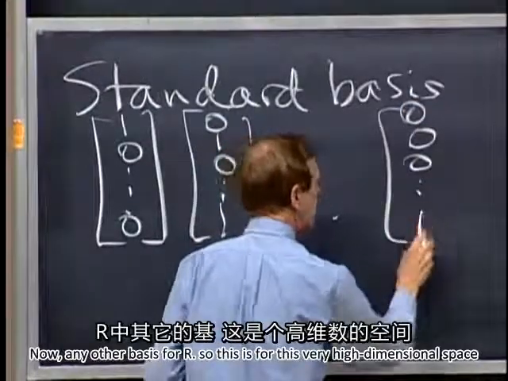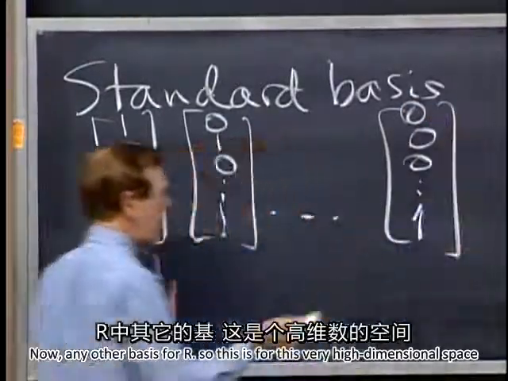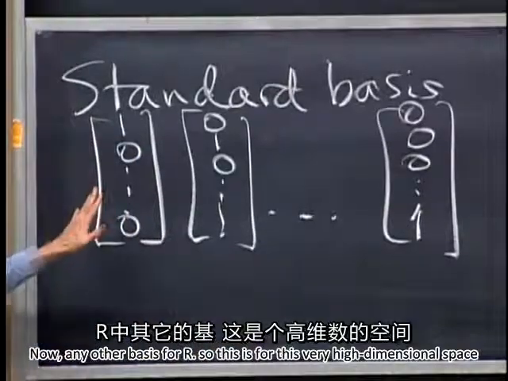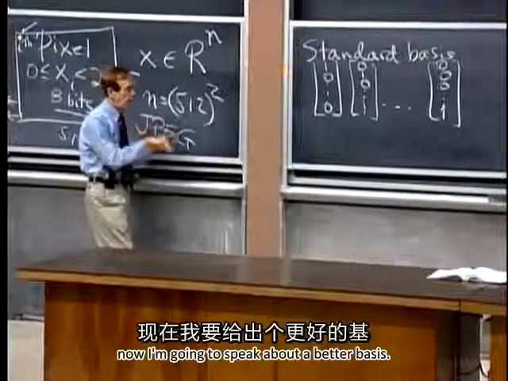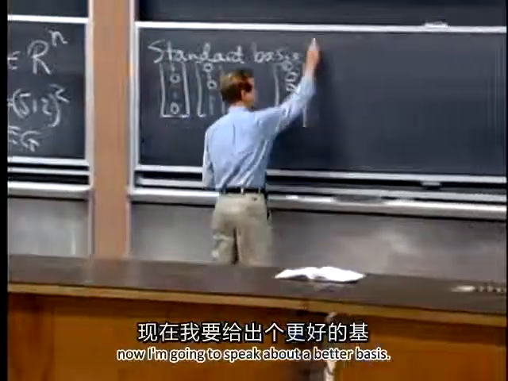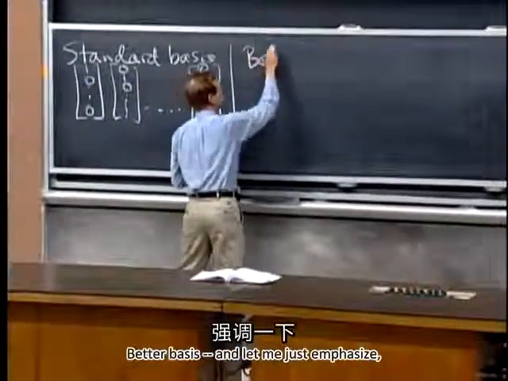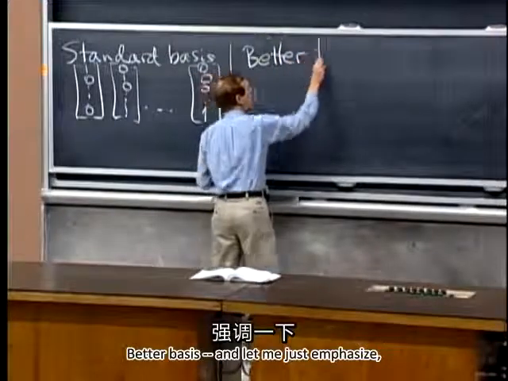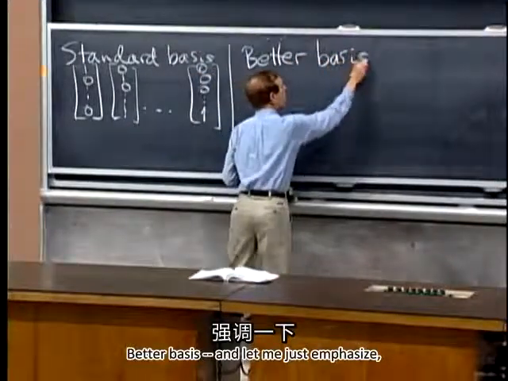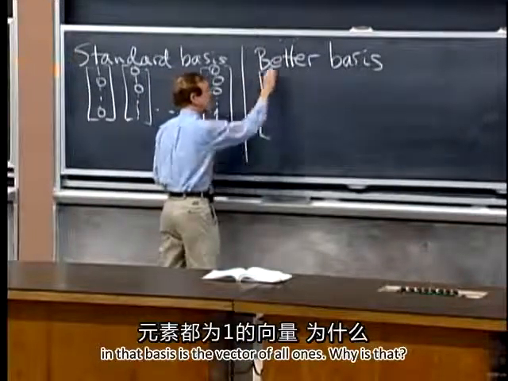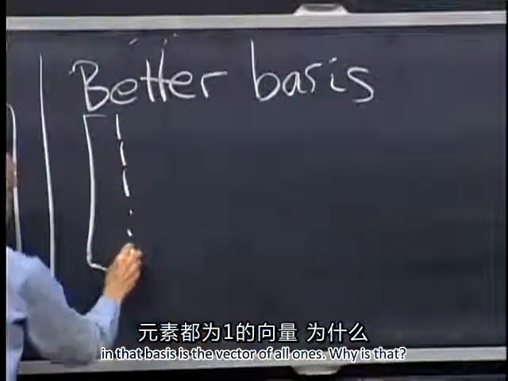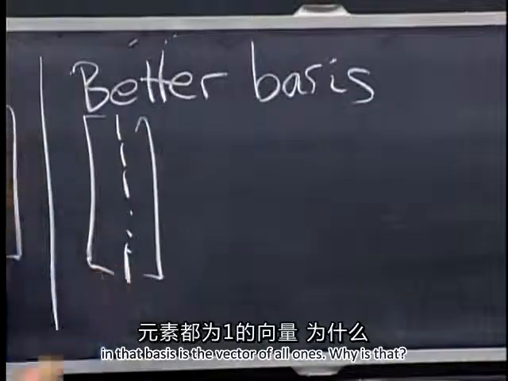Now, this is for this very high dimensional space. Now I'm going to speak about a better basis, and let me just emphasize one vector that would be extremely nice to have in that basis is the vector of all ones. Why is that?